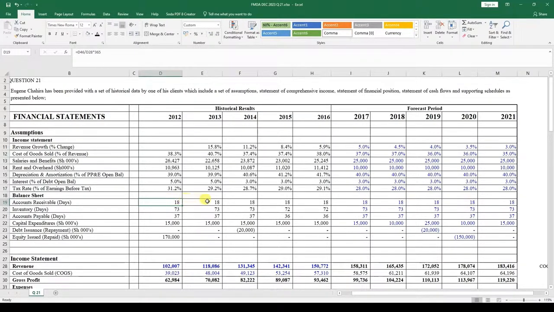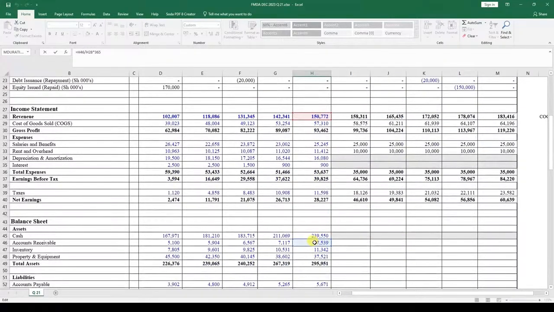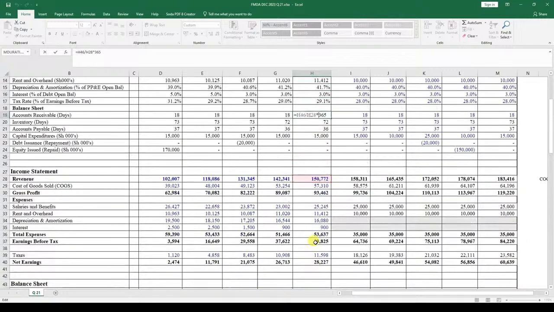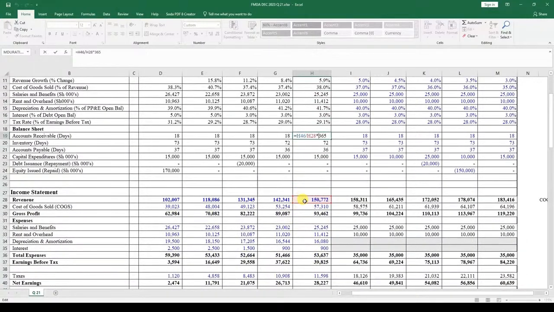We can get this from these black formulas over here. If you double click, you can see it is the accounts receivable. We divide that by the revenue, and then we multiply by 365 to enable us get the days.